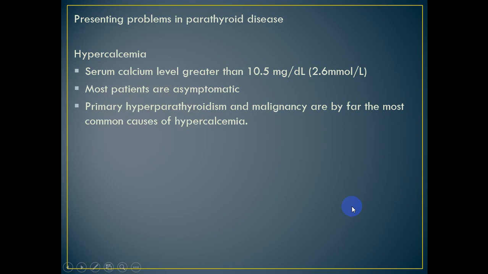Usually most patients are asymptomatic, and hypercalcemia may be noted incidentally on lab tests obtained for other reasons. We should know that hyperparathyroidism and cancer are the two most common causes of hypercalcemia.